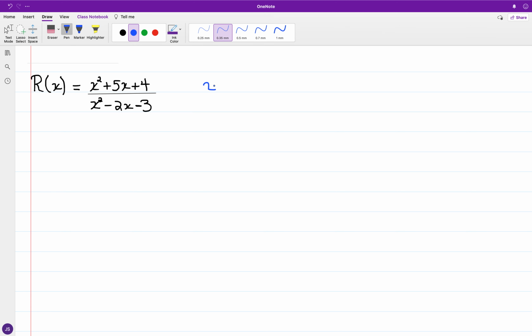So first, we have the denominator: x squared minus 2x minus 3 cannot be equal to 0. Anything in x that makes this equal to 0 is going to be off limits. Factoring this trinomial, we get x plus 1 and x minus 3 as the factors.